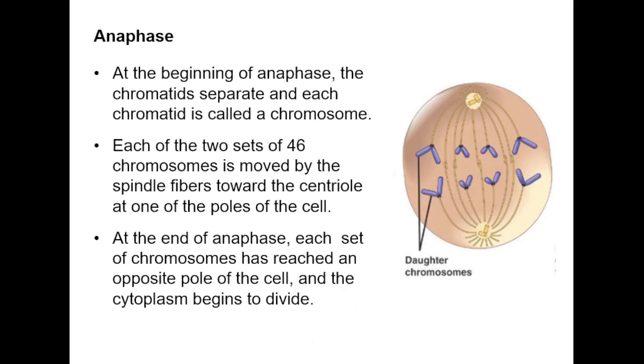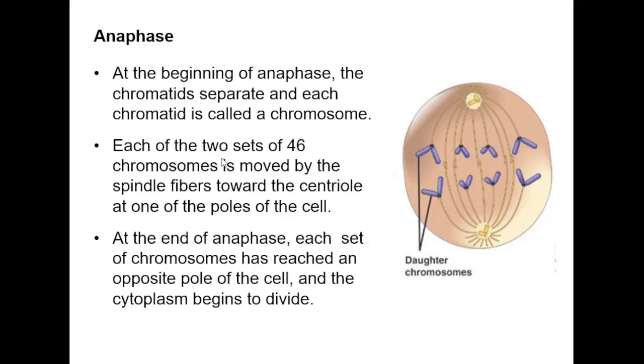In anaphase, we have a series of events that happen here. First, the chromatids separate from each other, and that place of union called centromere is dissolved. All right? So, the centromere is dissolved and the sister chromatids separate. Next is that we start to see each single chromatid being pulled by your spindle fibers towards opposite ends or towards the centrioles.